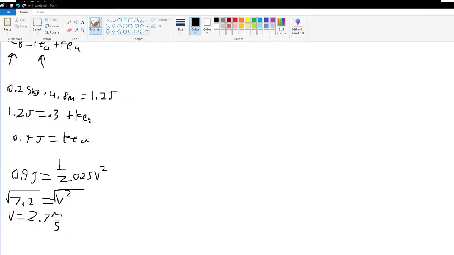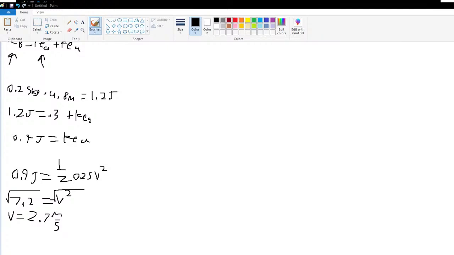What did I do wrong? I did that very wrong. I'm confused. I think that since at point B it has no kinetic energy, you can just use the two heights, because initially it has kinetic energy and potential energy, but at point B it only has potential energy.